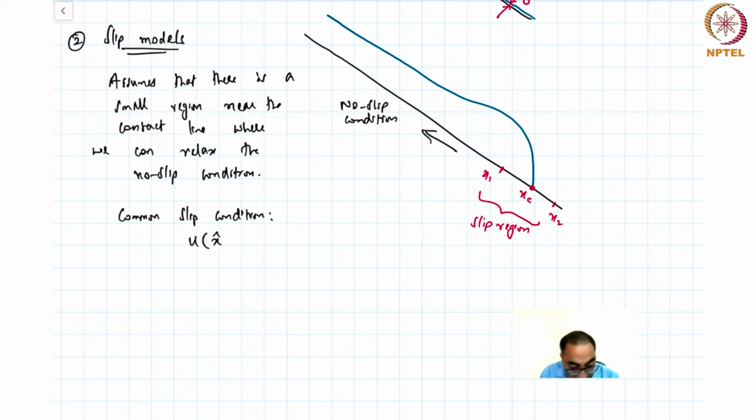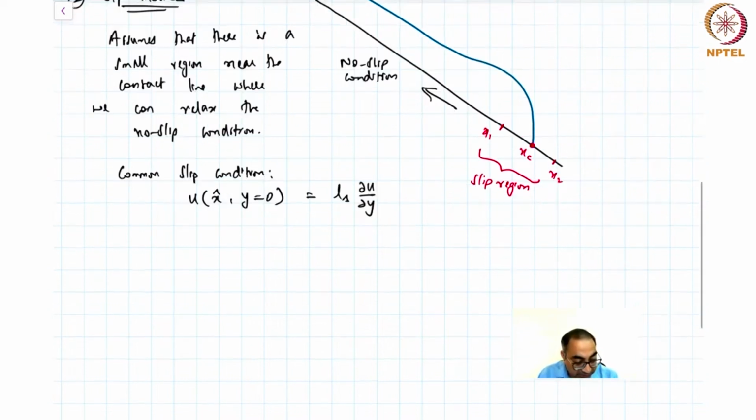So near the contact line, for y on the solid, which is y equal to 0, you say u equals a slip coefficient times del u by del y. So Ls is a slip coefficient.